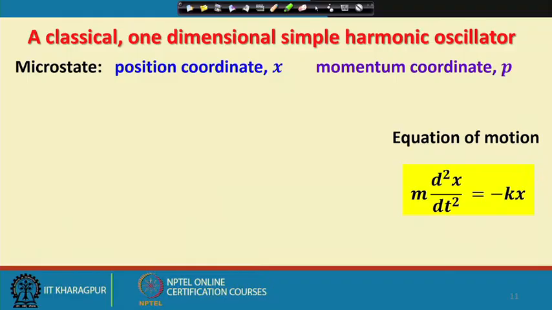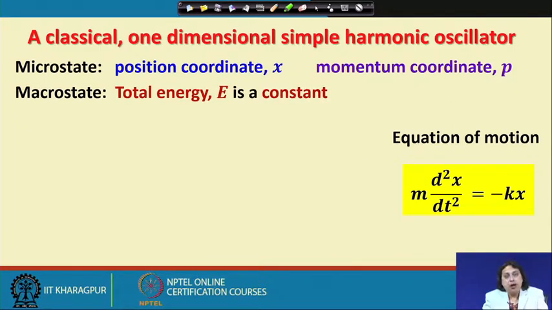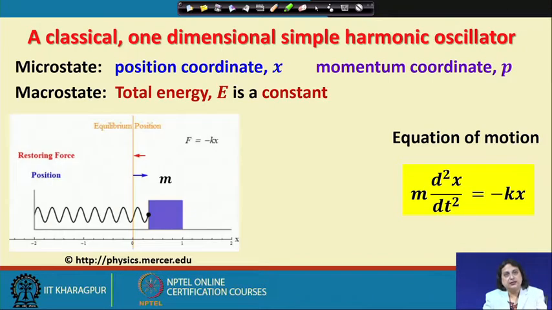So, let us next see what happens for this particular system when I solve its equation of motion and under the condition that at the macroscopic level its total energy E is a constant.